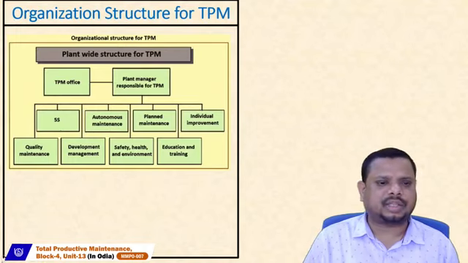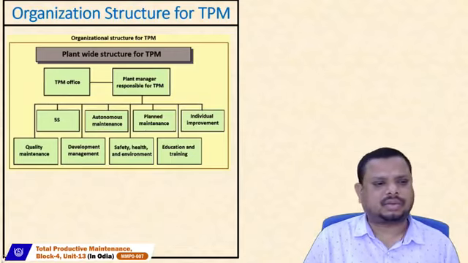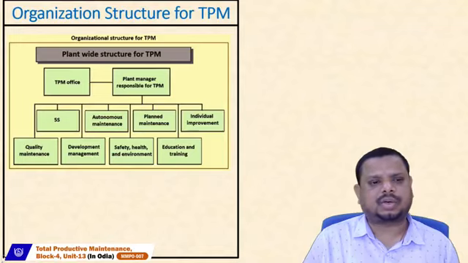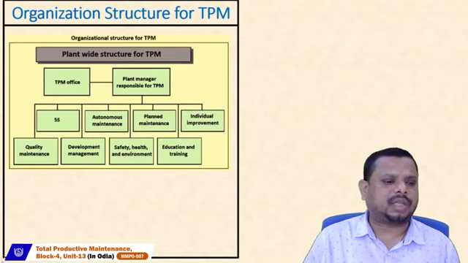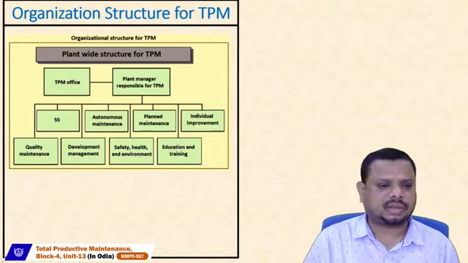So let's take a small example of a plant. If you go to the plant-wise organization structure for TPM, there is a TPM office. Plant managers are responsible for total productive maintenance. Under the plant manager, they implement 5S philosophies, basically to reduce waste.